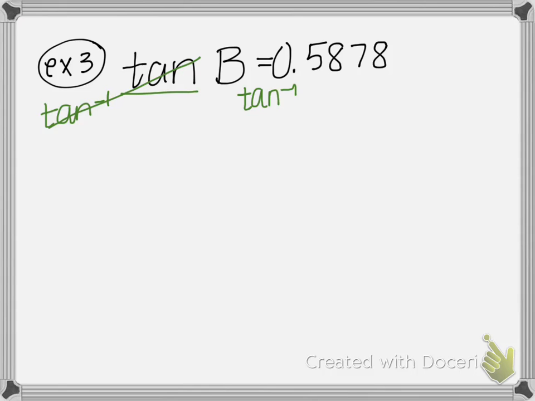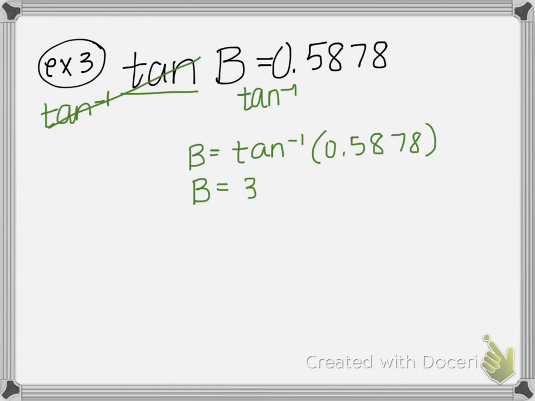And that cancels out. So B equals tangent inverse of 0.5878. And again, you can put that right into your calculator and find that the angle B is going to be 30.5 degrees, or about 31 degrees with rounding.